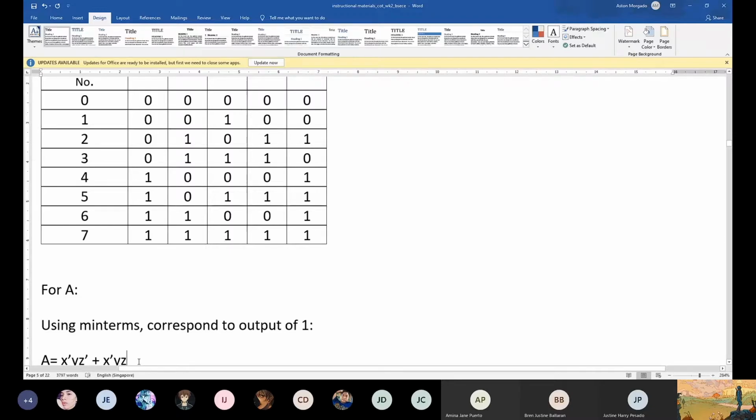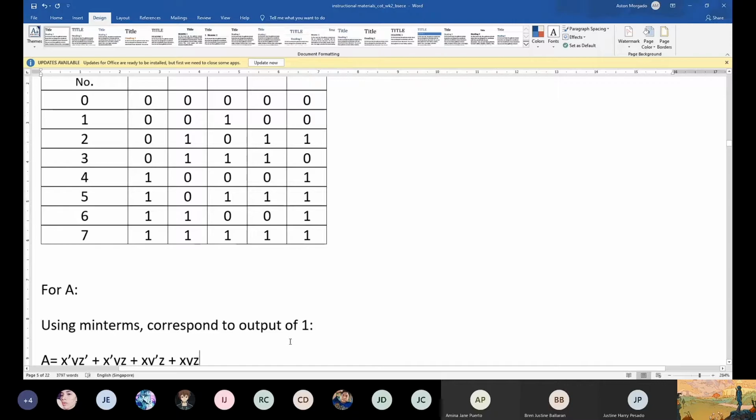So x is 1, x, y is 0, y prime, z is 1, z. And last we have x is 1, y is 1, z is 1. So we shall write x, y, z.